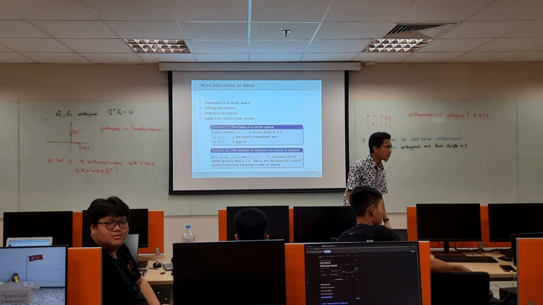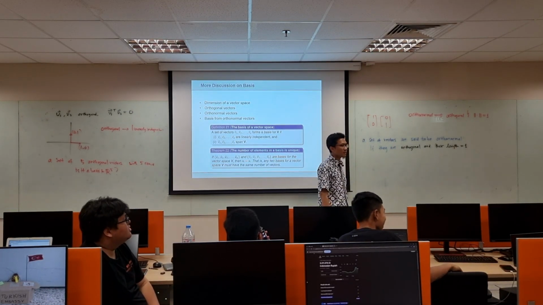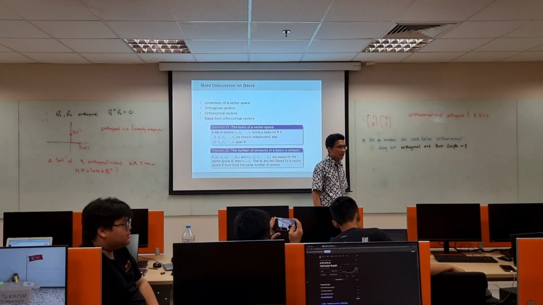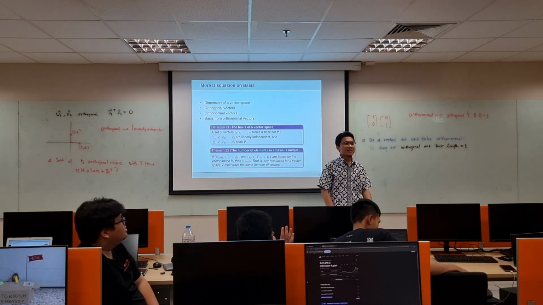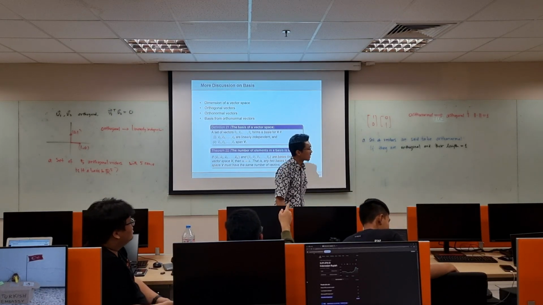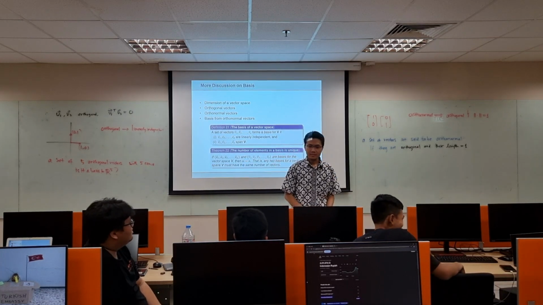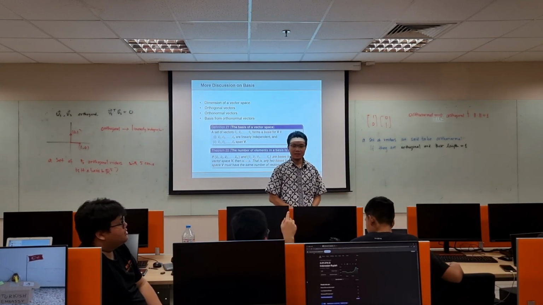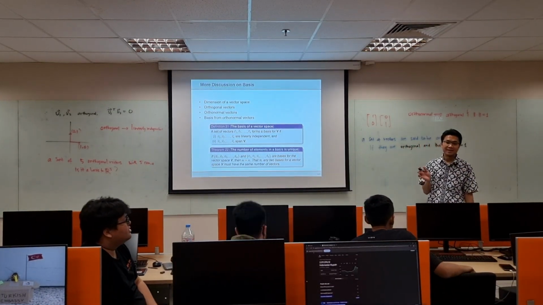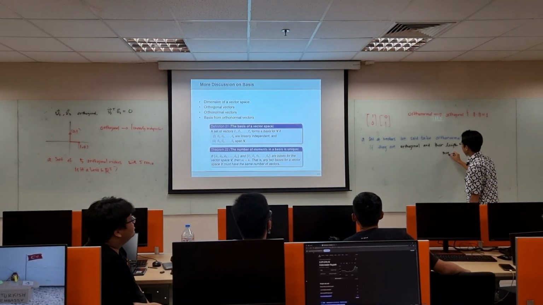It's a set of vectors. If it's (2, 0) and (0, 2), it's not orthonormal. It can only be like one. The magnitude must be 1. Length or magnitude, magnitude.